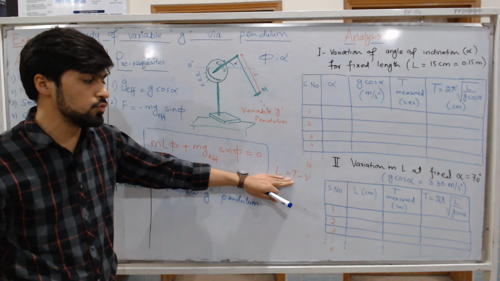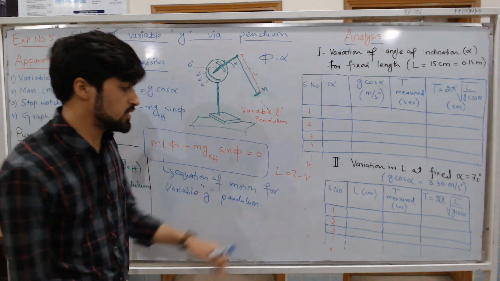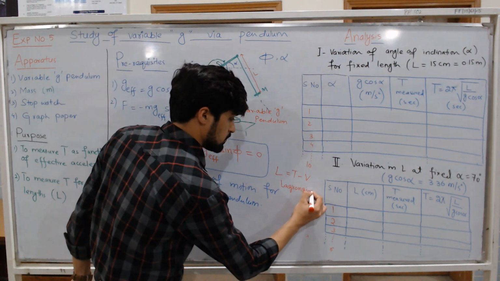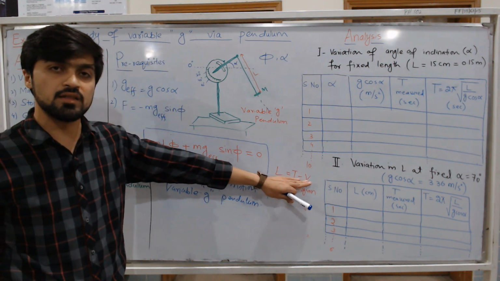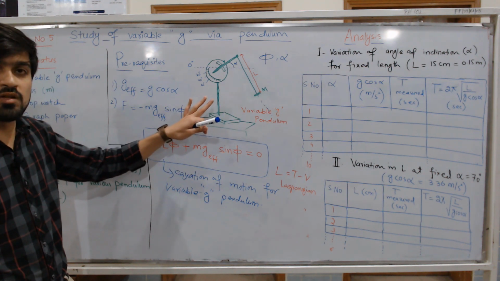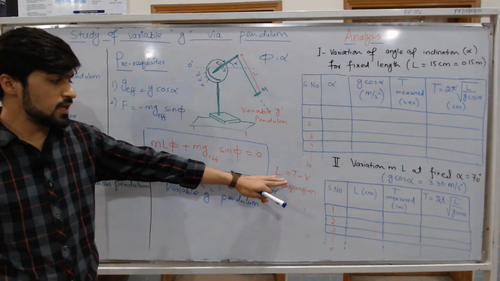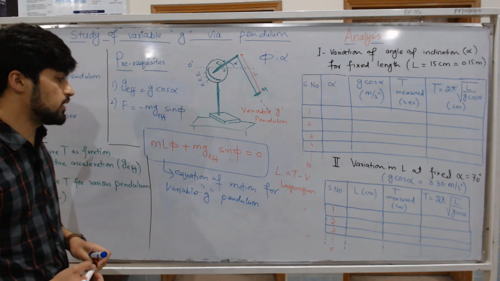So L is equal to T minus V. Lagrangian is the difference between the kinetic and the potential energy for such a system. This can be a simple pendulum, a spring mass system, or some other system. So this relation is derived from the Lagrangian, and I will be doing it shortly and quickly.